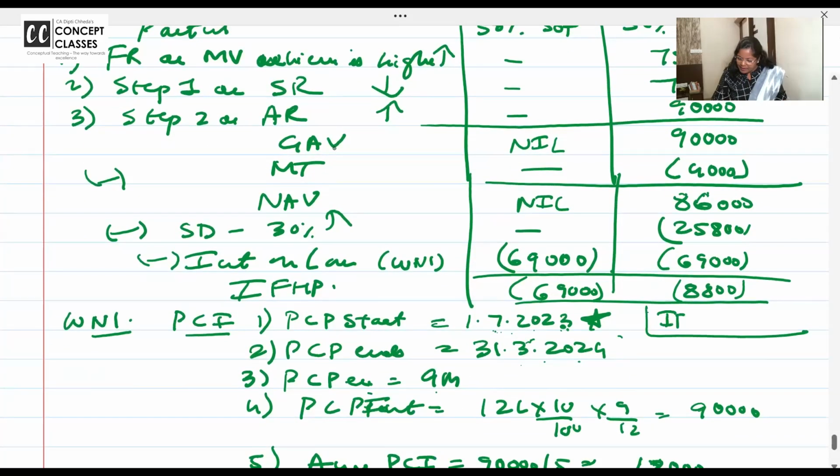Total loss for the two properties is 77,800.